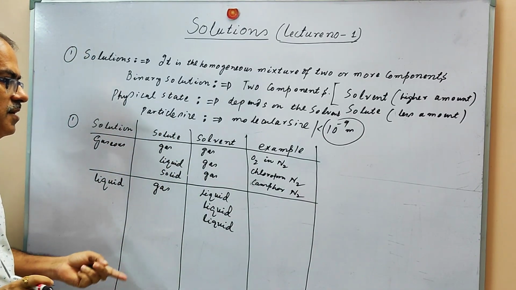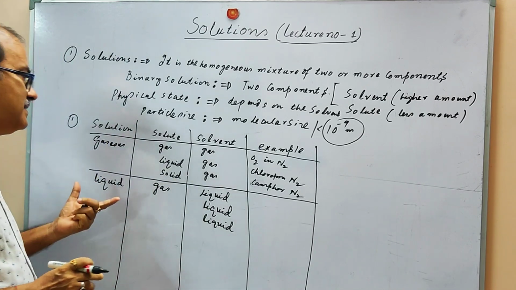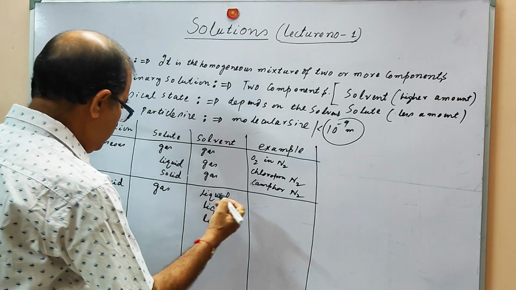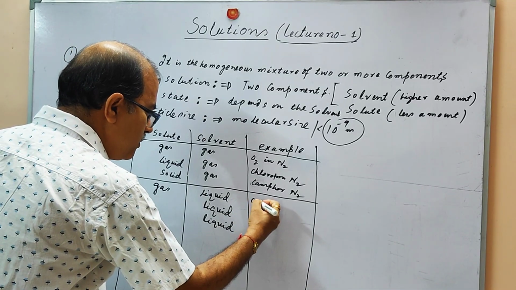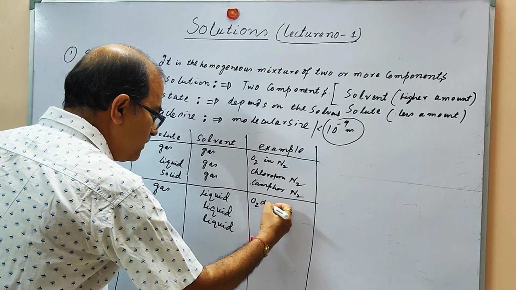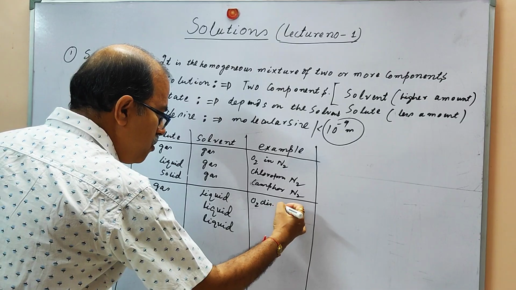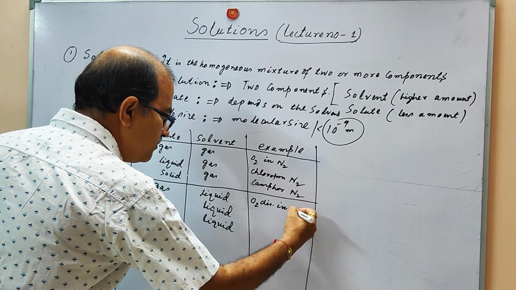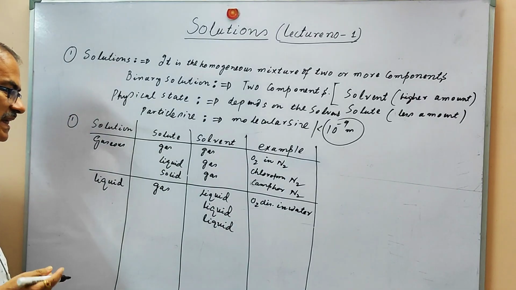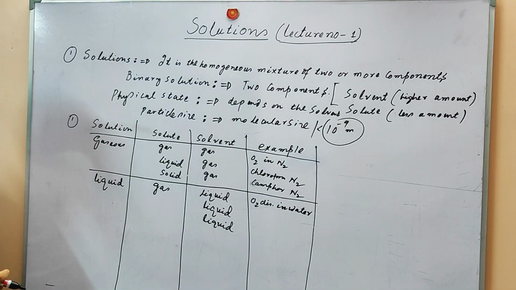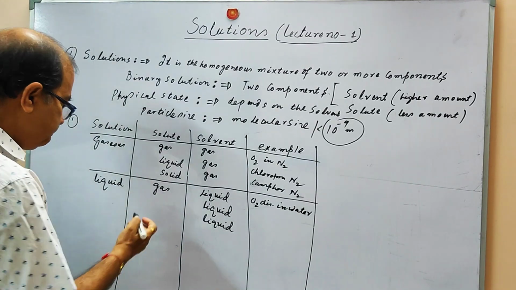An example is oxygen dissolved in water. So we call this a liquid solution where the gas is the solute.